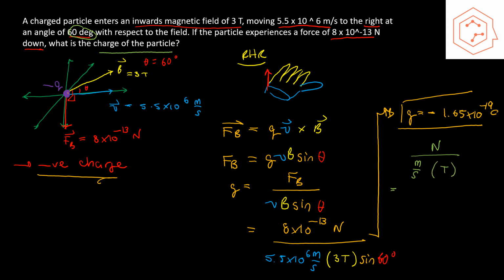We saw earlier that a Tesla is simply a Newton per amp meter. So the meters are going to cancel, and the Newtons are going to cancel. What we have is 1 divided by seconds times amps, which is equal to an amp second. But an amp is equal to coulombs per second, times seconds equals coulombs, which makes sense.